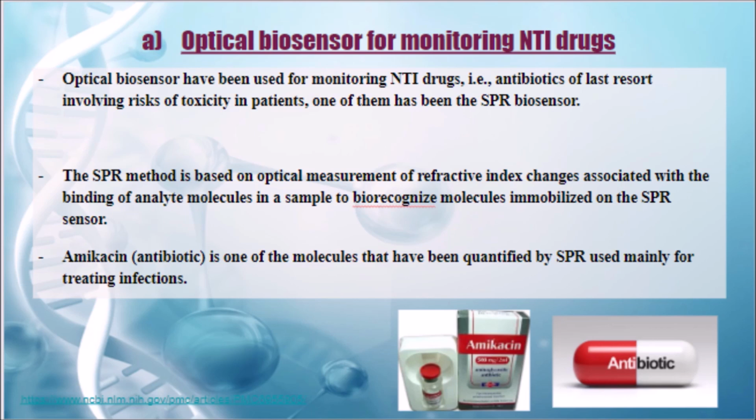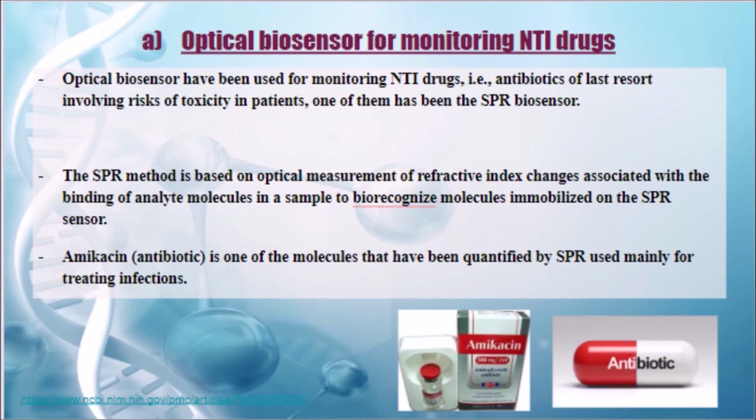One of them has been the SPR biosensor. Anti-eye drugs, also known as narrow therapeutic index drugs, are defined as those drugs where small differences in dose or blood concentration may lead to dose and blood concentration dependent serious therapeutic failure or adverse drug reactions.